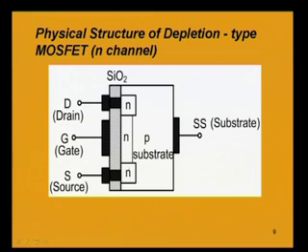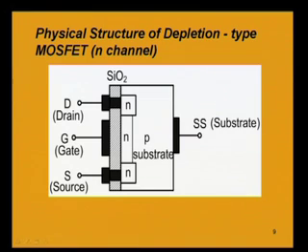The reason was that between drain and source there was not any channel, but here an n type material is existing between the drain and the source. So, we have already an n channel. Others being same, we have the drain terminal, gate terminal and source terminal taken out from the metal contacts, which are grown over the silicon dioxide, and the substrate terminal. So, this is the 4 terminal case. So, the physical structure of a depletion type MOSFET is as shown in this figure.